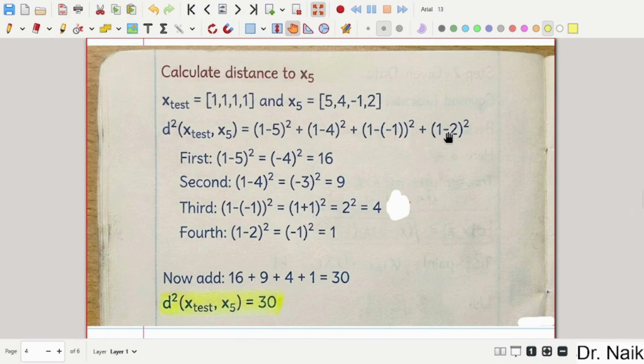And 1 minus 2 is minus 1, and minus 1 square means 1. So adding 16 plus 9 plus 4 plus 1 gives 30. So d square of x test and x5 is 30.